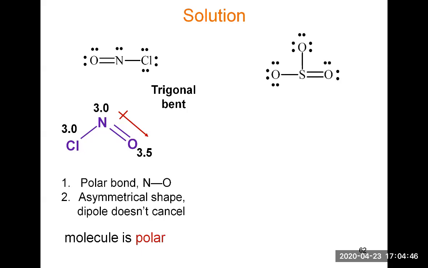Let's look at the other molecule, SO3. You have the Lewis structure. This allows you to determine the shape around the central atom. The central atom here is sulfur. There is 3 electron groups around sulfur. It's 3 bonded atoms, 0 lone pair. So looking at the table where you can determine the molecular geometries, you follow the line that says 3 electron groups, 3 bonding groups, 0 lone pair.